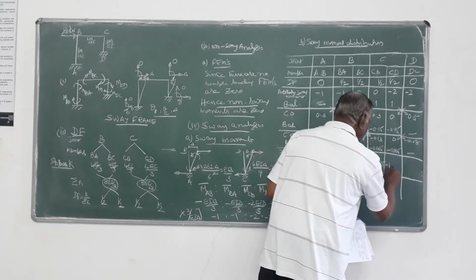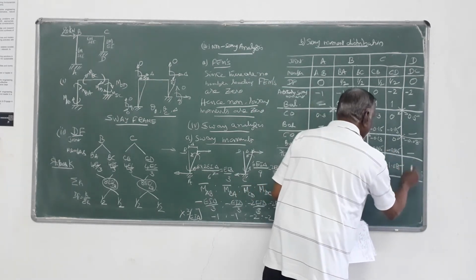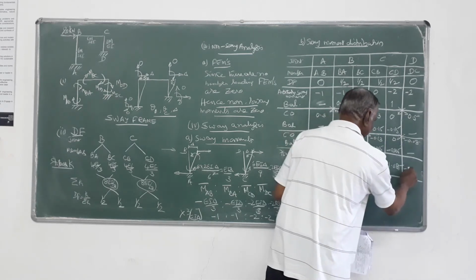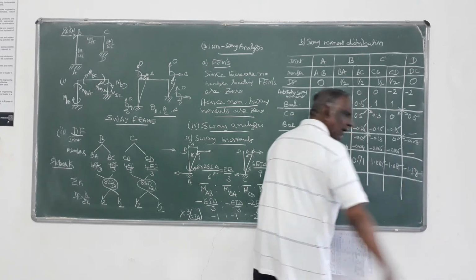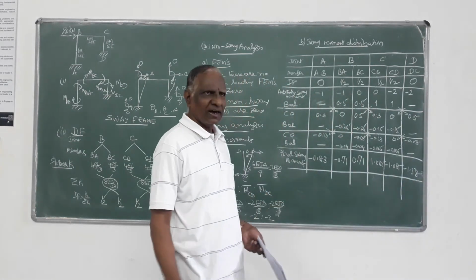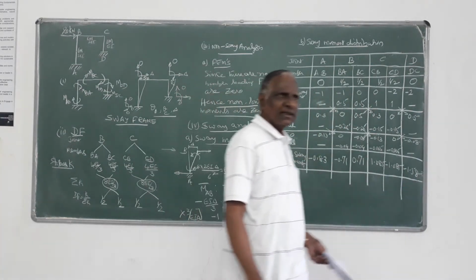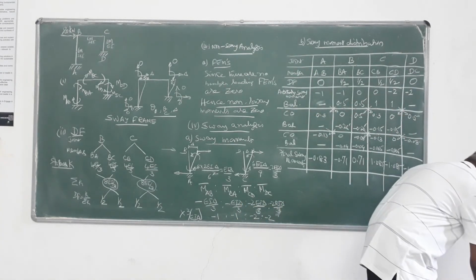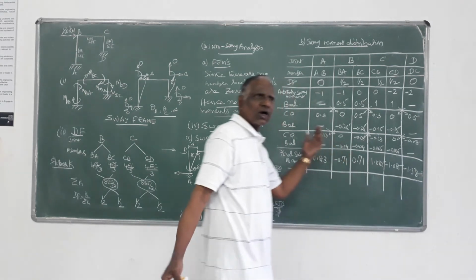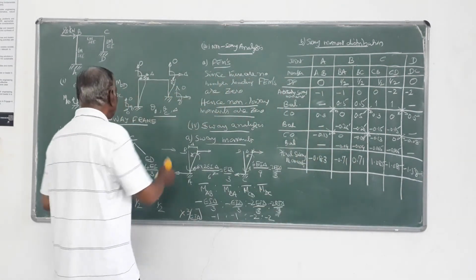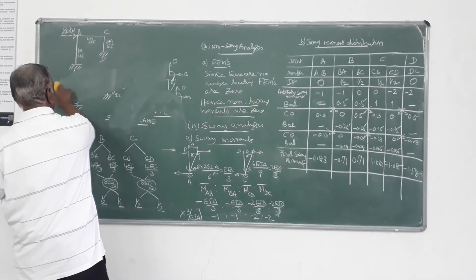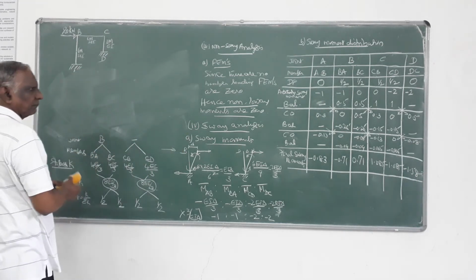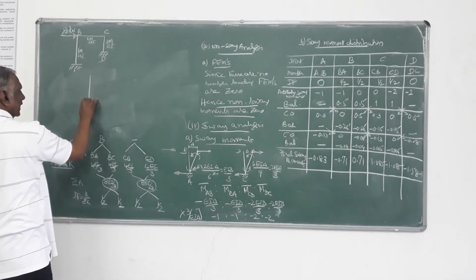Here minus 1.085. Here minus 1.58. Check up these values. I hope it's all right. So these are the sway moments that you are going to get. After this last step, you can plot the bending moment diagram for this particular sway frame. So you can draw this frame.